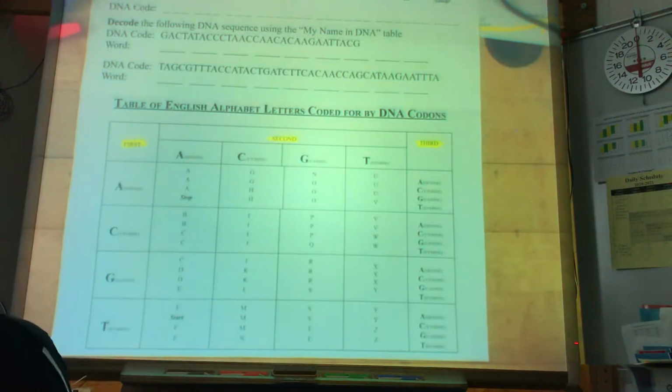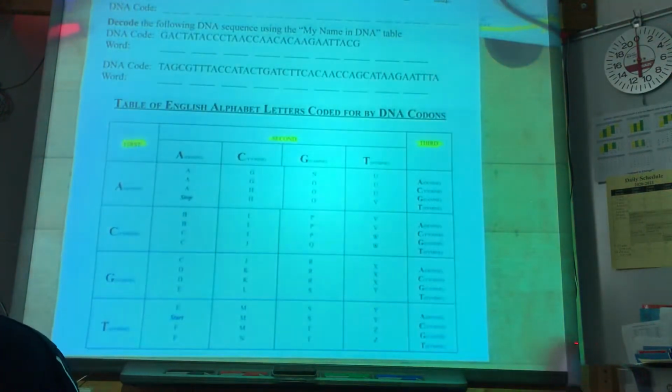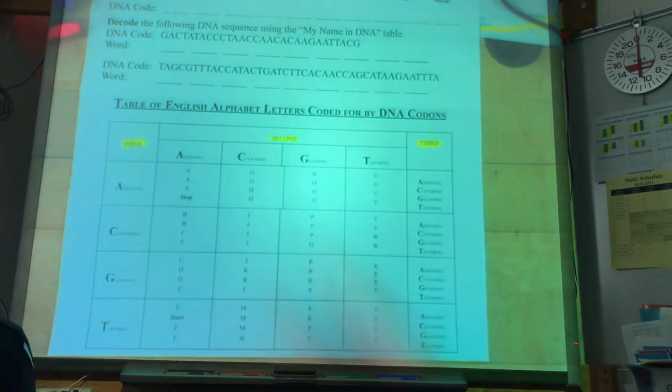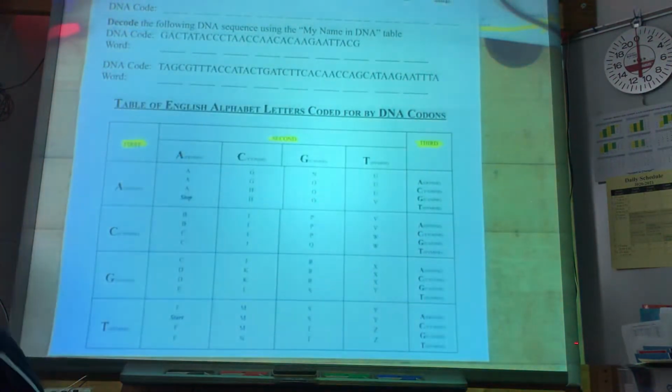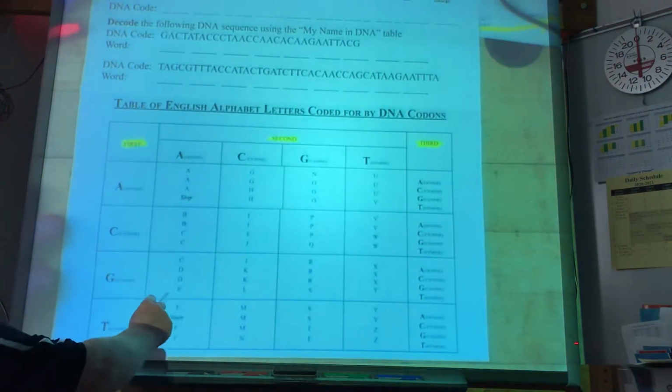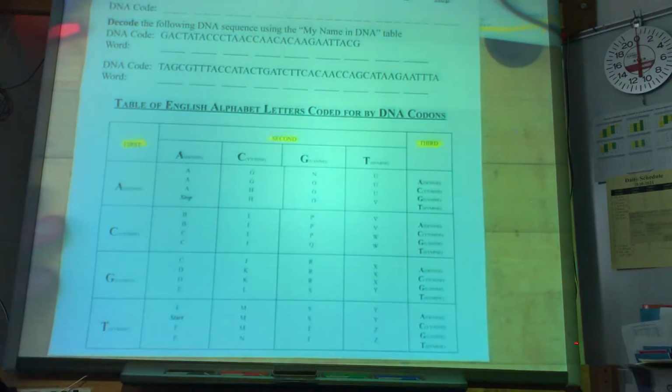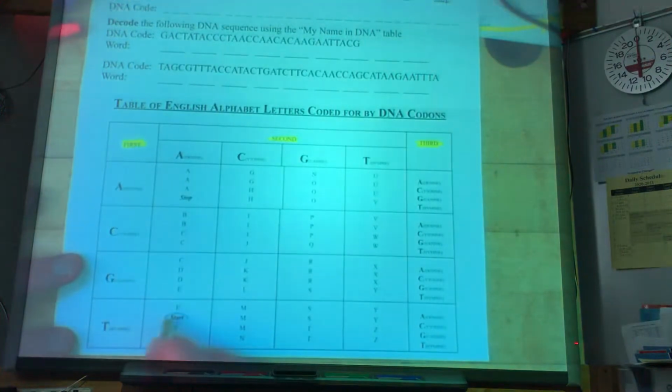So at the beginning, to get going with any of this, we're always going to begin with a start codon. Can you see this bottom part okay? Where do you see start? Right here.